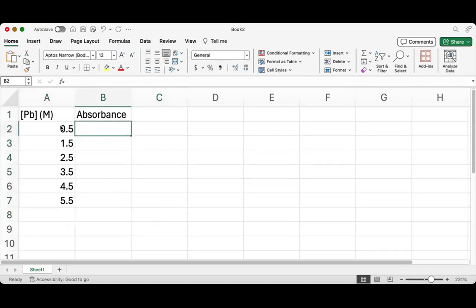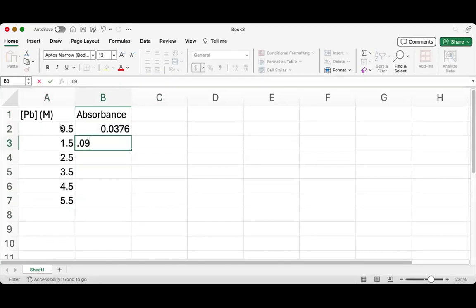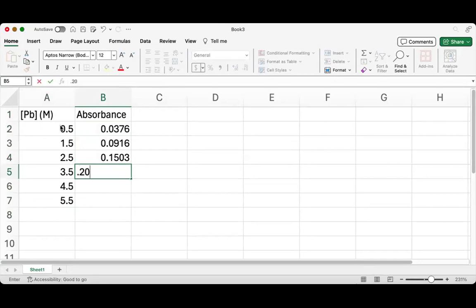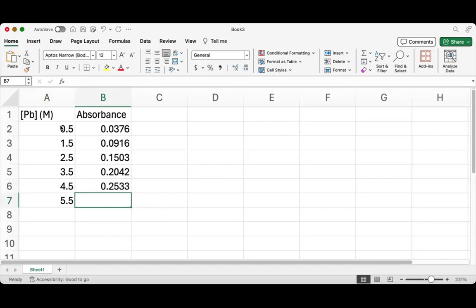And the absorbance values I got for those are 0.0376, 0.096, and 1503, 1.317.